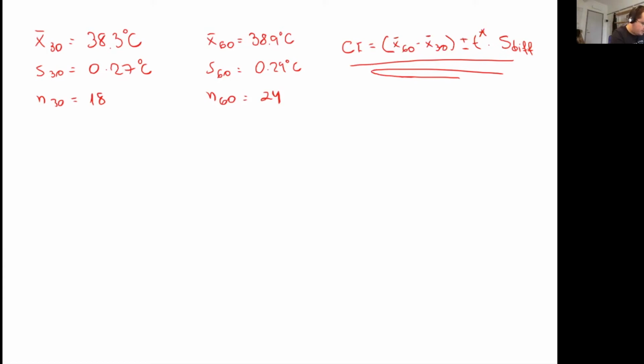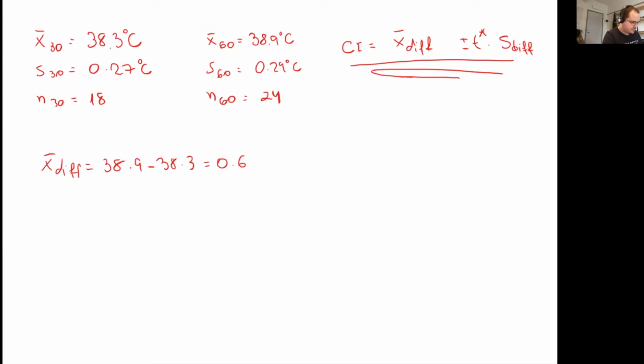First of all, I'm going to rewrite this as x bar diff. What's this value that we're estimating? We're estimating the difference, so let's call it x bar diff. The actual difference is simply 38.9 minus 38.3, which is 0.6.